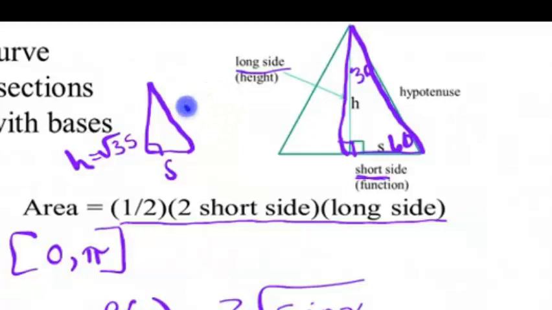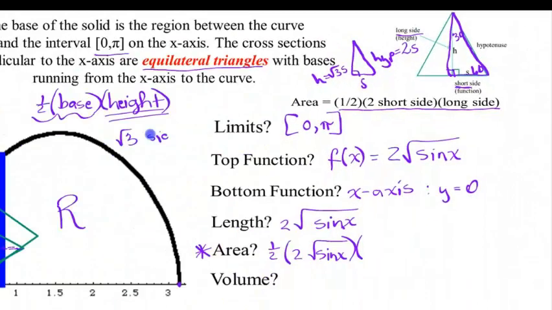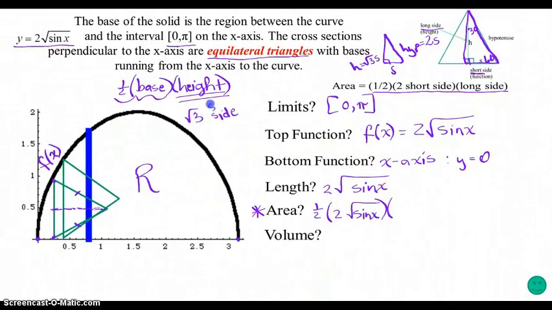It also turns out, not that we need the hypotenuse, but in a 30, 60, 90, if you'll remember, it was 2 times the short side. So when we were in a 30, 60, 90 triangle in geometry, this is a relationship that we could use. So our height is the square root of 3 times the short side. Okay? The short side, not just the side, but the short side.